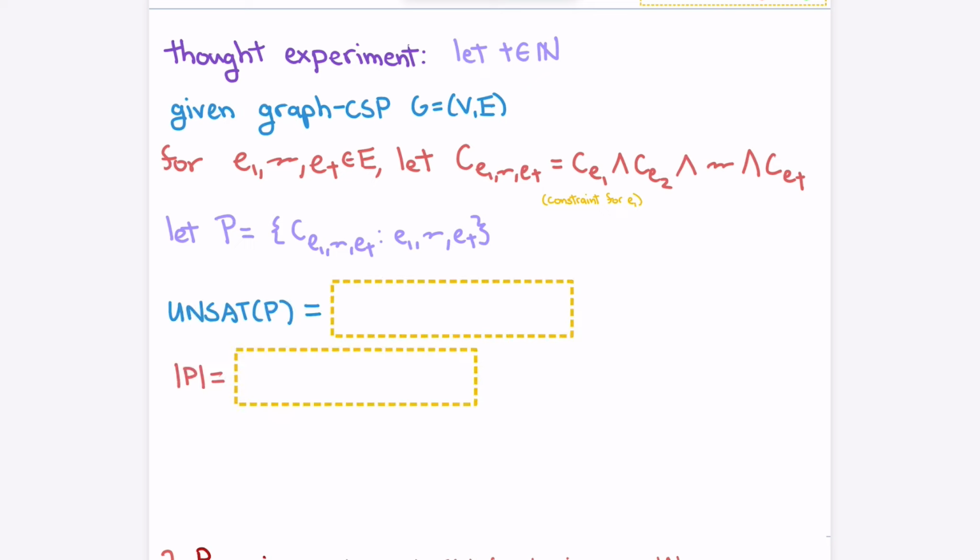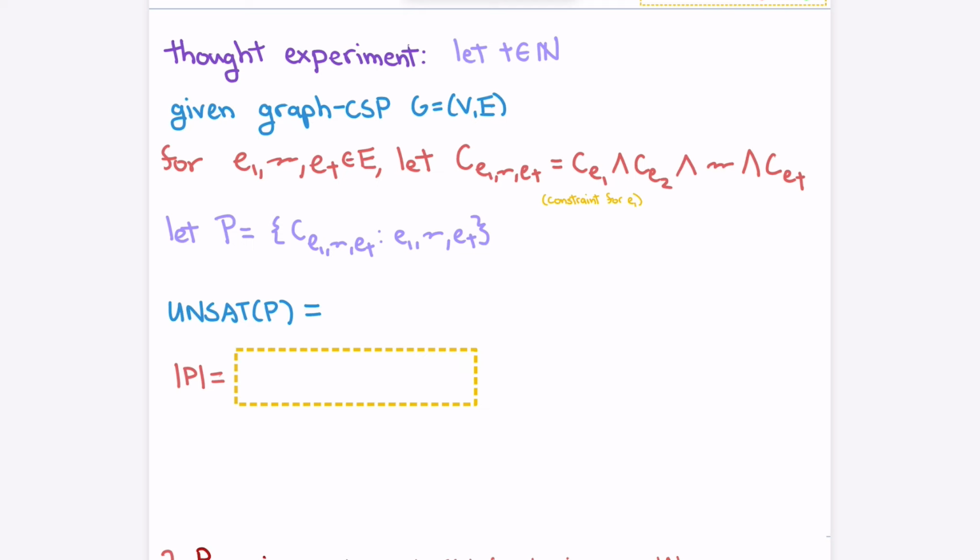Okay, so unsat p is, oh, that's okay. So it should be something related to unsat g, right?